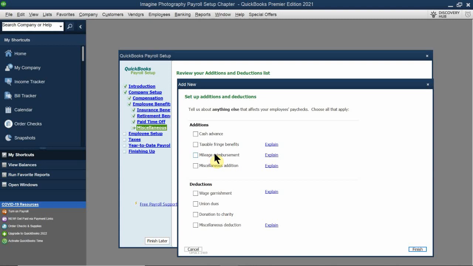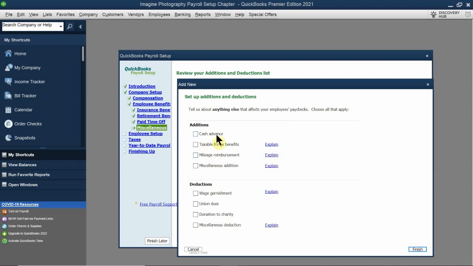That's considered a fringe benefit because you are being sponsored by another company, and that's the benefit for working for this Imagine Photography: I get the opportunity to go to the Met Gala for either a discounted price, or I can go work the job there and take pictures of the red carpet. Whatever it is, that's considered a fringe benefit.